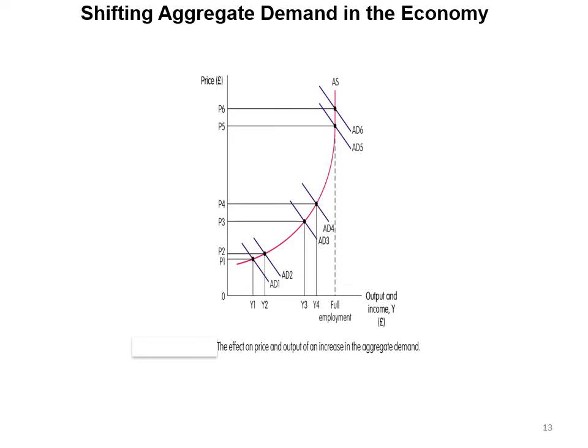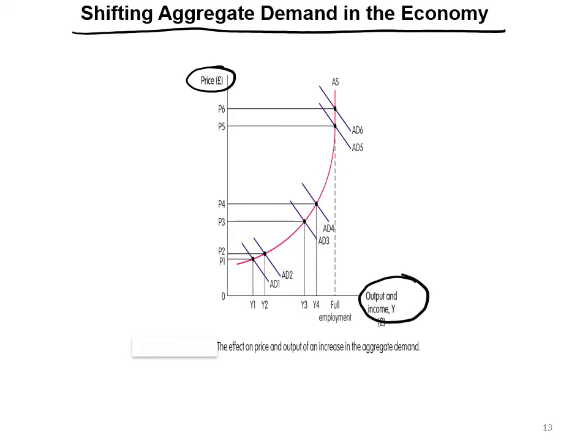Let's have our price on our vertical axis and our output and income levels on our horizontal axis. Now let's see what happens given different elasticities of aggregate supply. Let's play with our aggregate demand and see what happens.